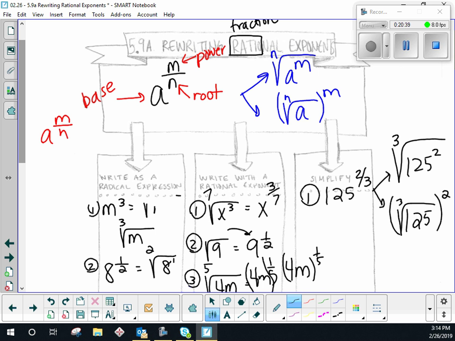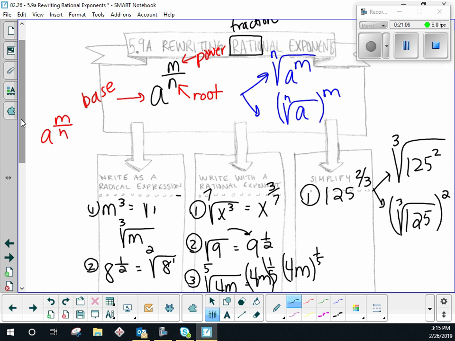The first one we would do 125 squared and then cube rooted. And on this one, we would do cube root of 125 and then square it. Which one, top or bottom? The bottom. The bottom would make for easier math. So that's how we're going to do it here.